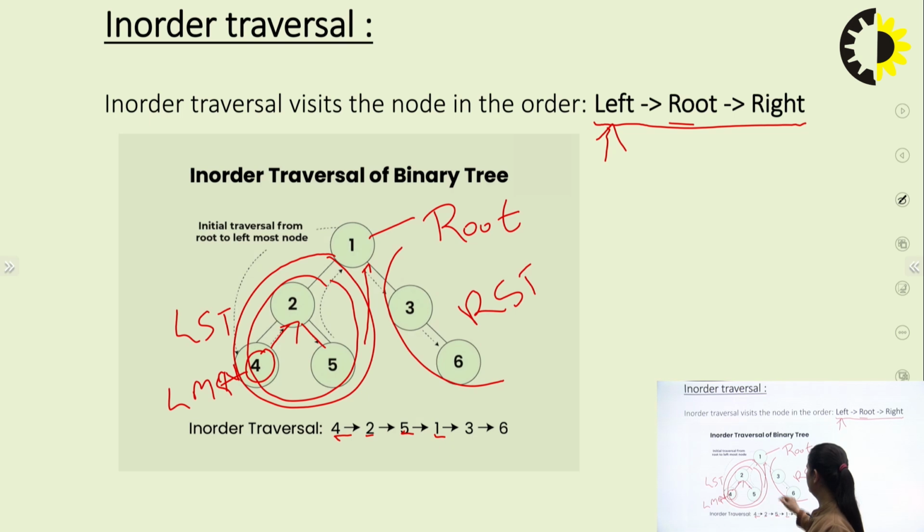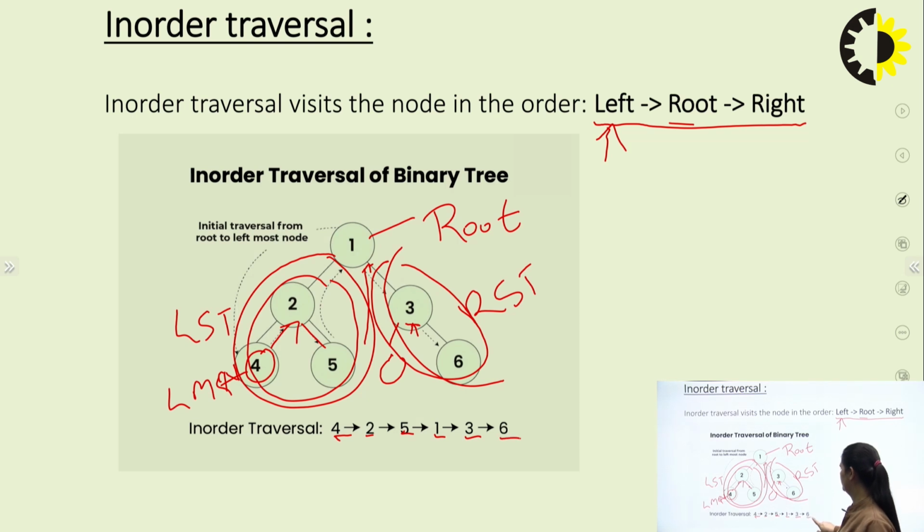Then we go to the right subtree, visit the 3 node and go to its left. There is no left node, so visit 3, then go to the right node of this node, that is 6. So this is the example of in-order traversal.